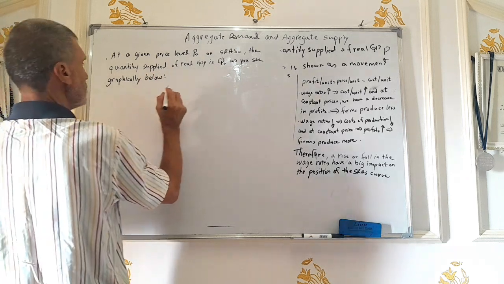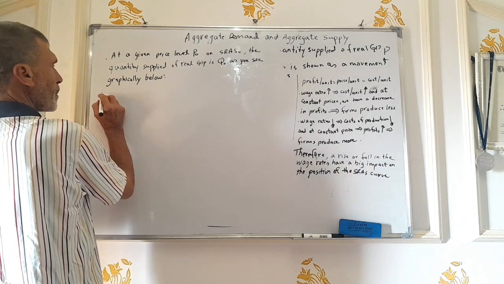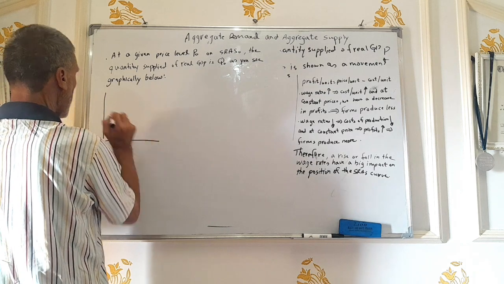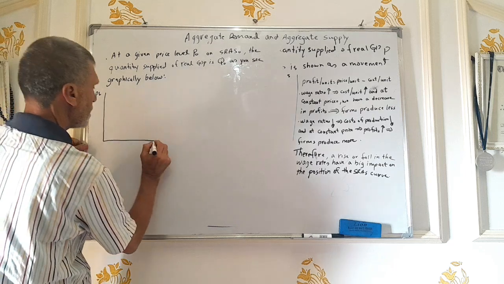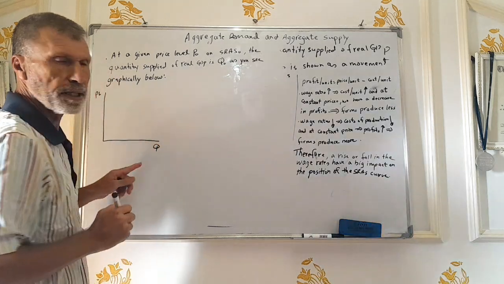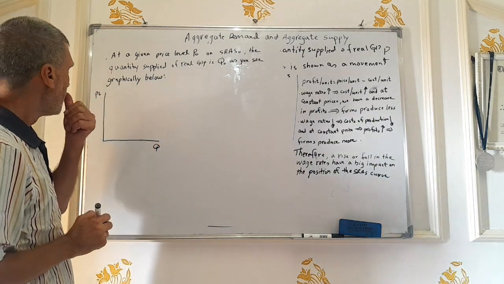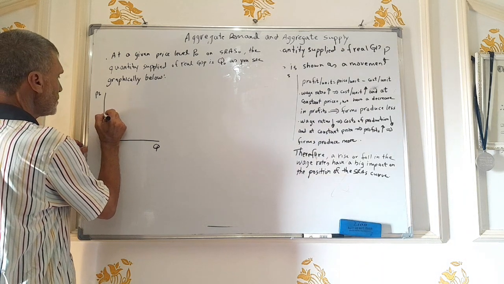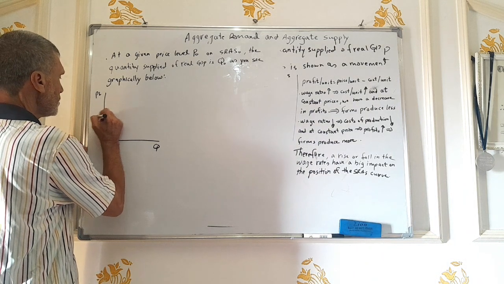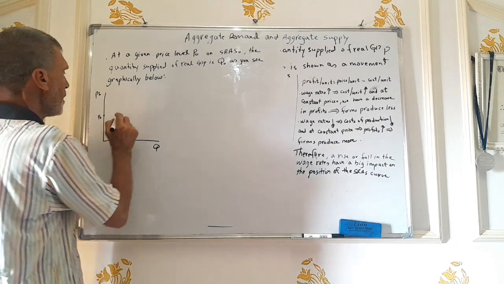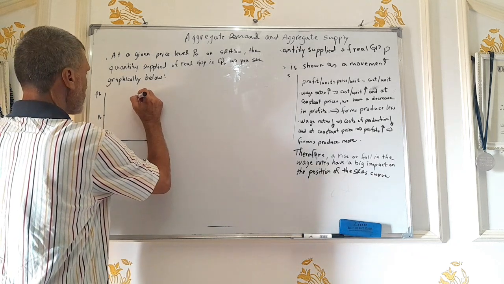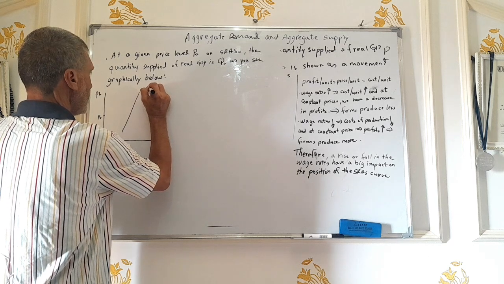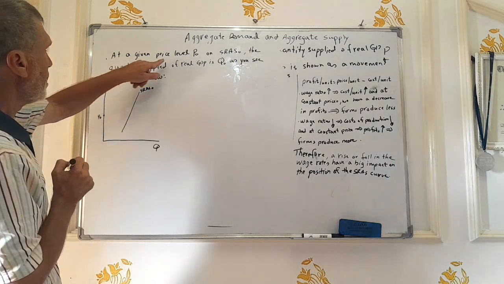That's what you get over here. This is the price level. This is the real GDP. This is the price level over here, P0. And then you have the short-run aggregate supply 0 at a given price level P0.